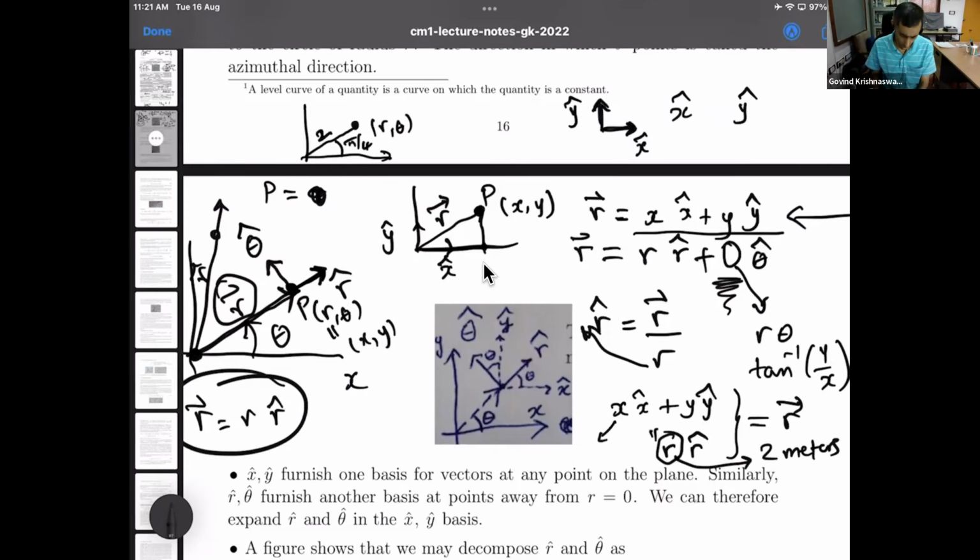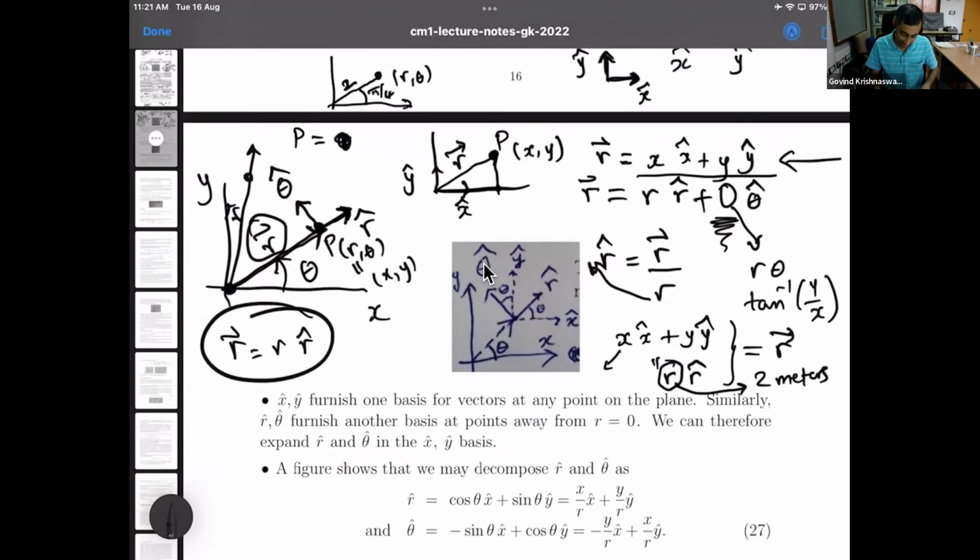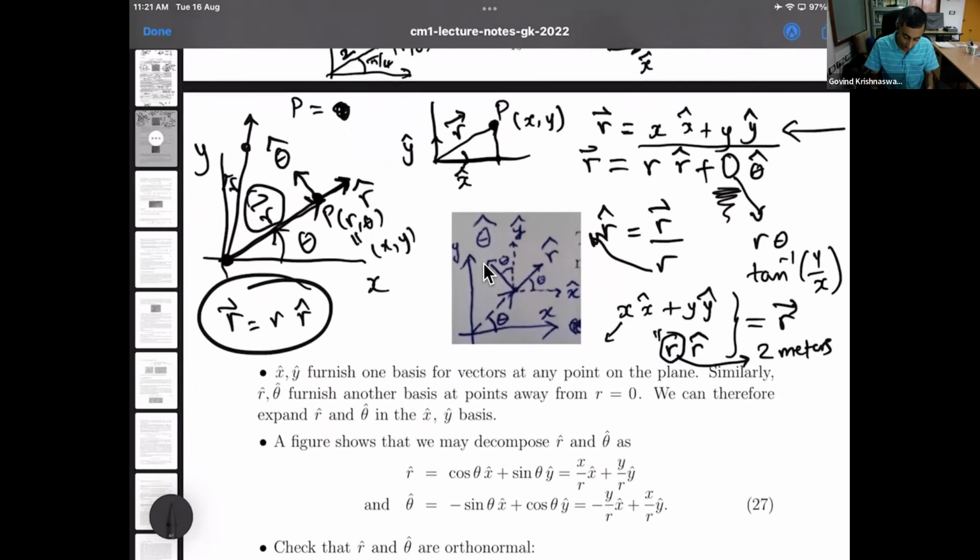Can we say r represents the magnitude of the r vector and r hat represents the inclination? I think some of the notation is getting a bit unwieldy. So when I say r, I mean the magnitude of the r vector. When I say r hat, I mean the unit vector along the r vector.